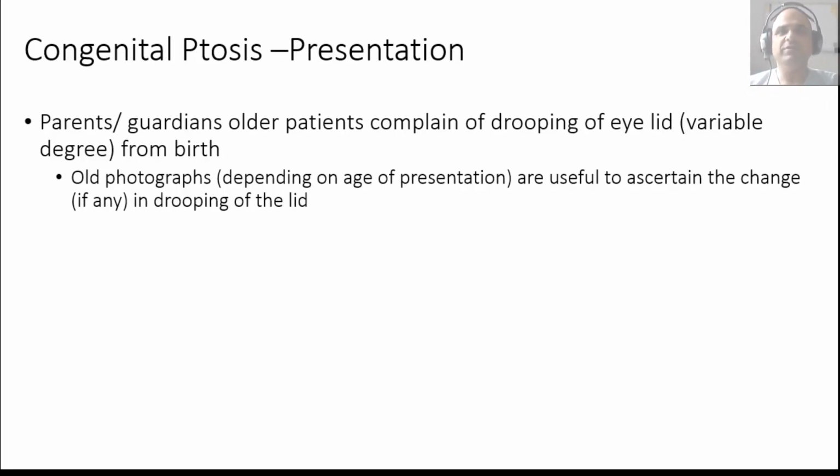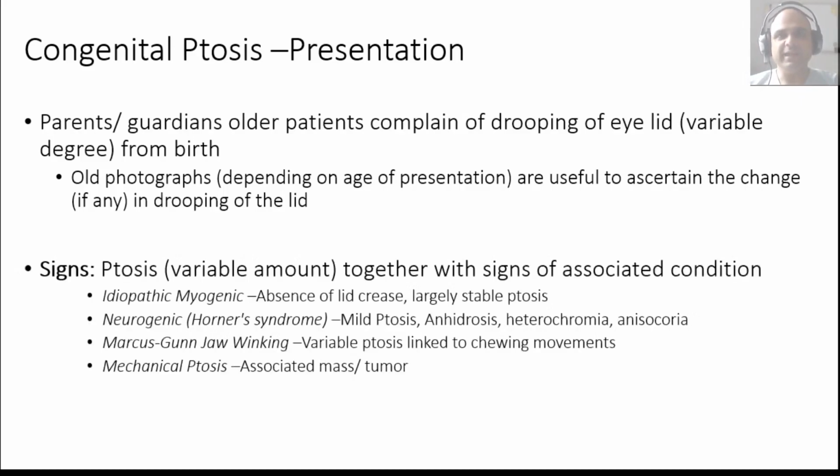Older photographs are very useful because they tell you when the ptosis was noticed and whether the ptosis is variable. The signs of ptosis that you would see and the history that you would get from your patient would again depend upon the cause of the ptosis. So obviously you will see a variable amount of ptosis together with signs of associated conditions.